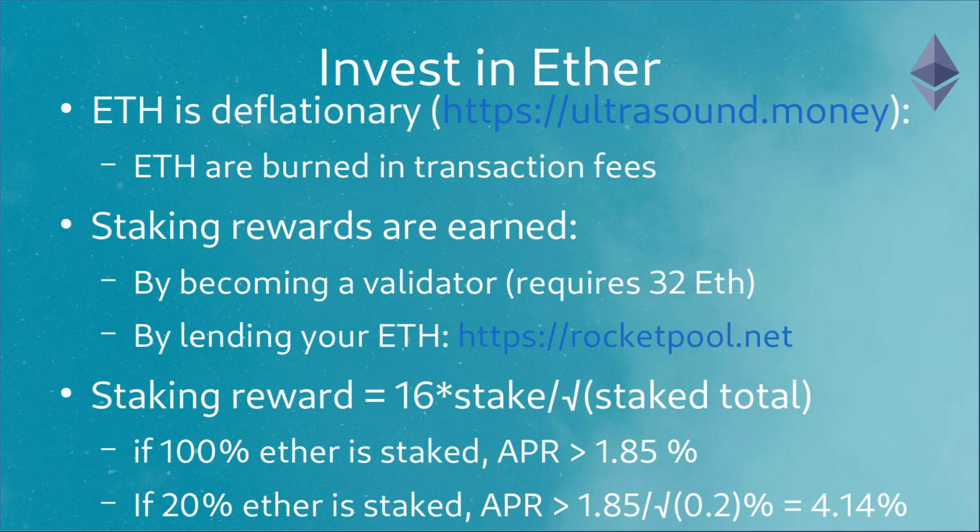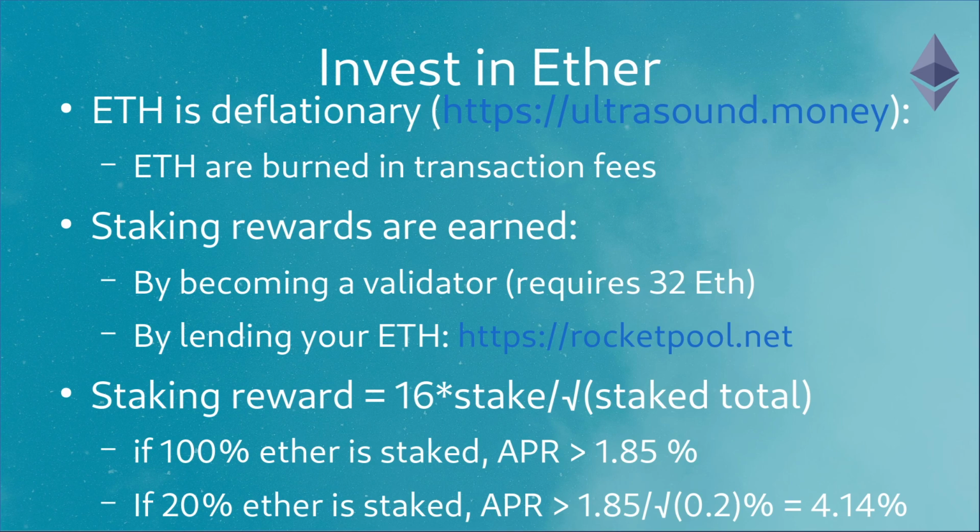Bitcoin is called sound money because the supply of Bitcoin is limited to 21 million Bitcoins, as opposed to currency where the supply is not limited, and some currencies have a high inflation because the supply increases over time. So Bitcoin is not inflationary, and because Ethereum doesn't have a limited supply, but the supply even decreases, they call it ultrasound.